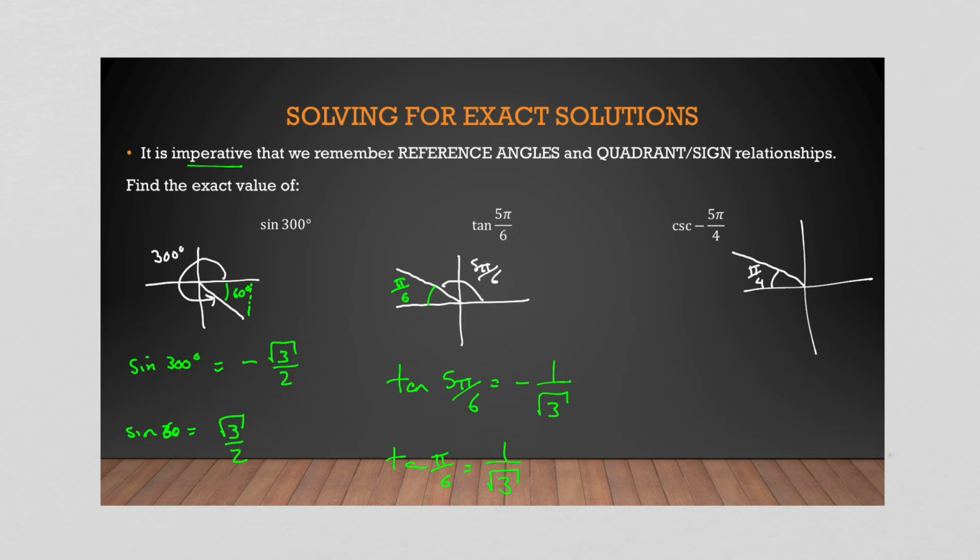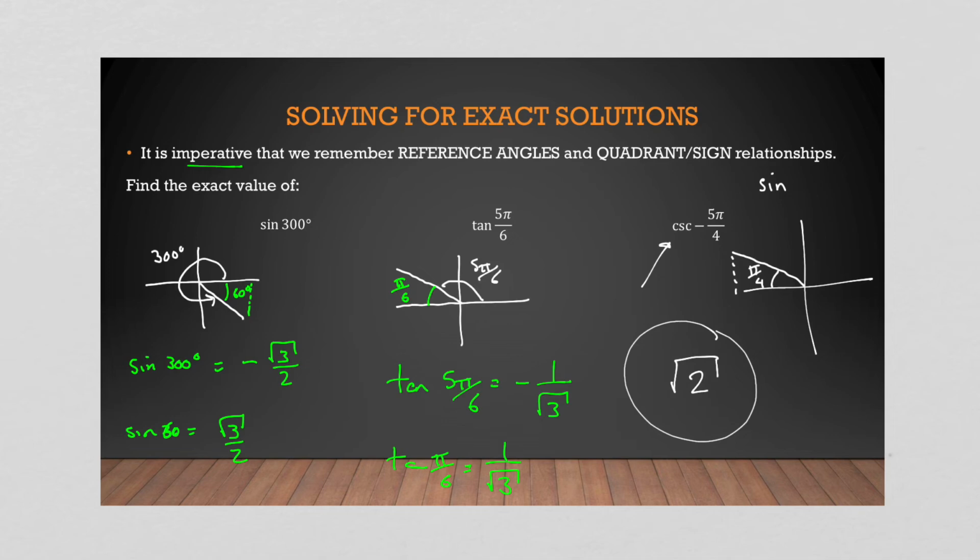Now remember, cosecant is related to sine. Sine is positive in this quadrant, so I know my answer is going to be positive. Pi over 4 is 45 degrees, so this is a nice one, 1 over √2. But since it is cosecant, it's the reciprocal of that, so √2, and it's positive because we're in the positive quadrant for sine.